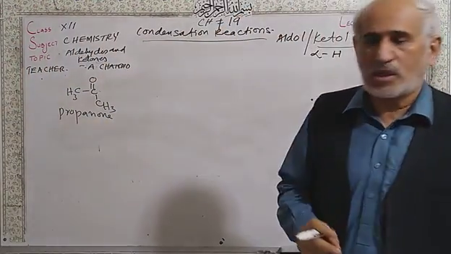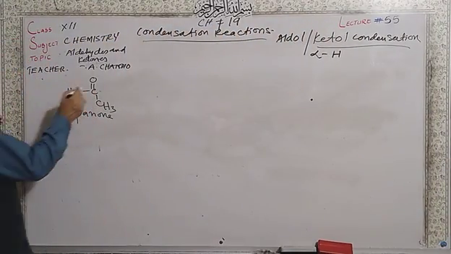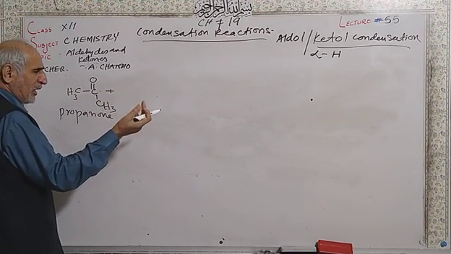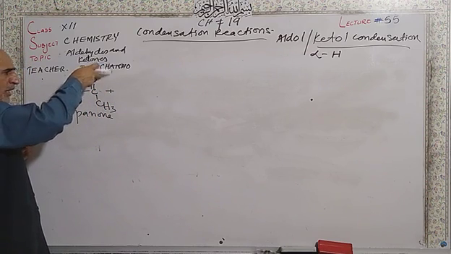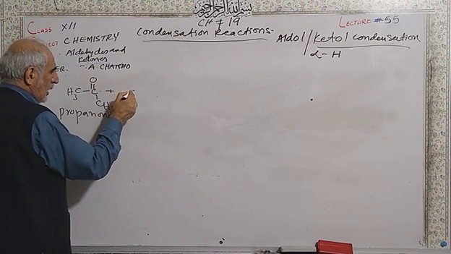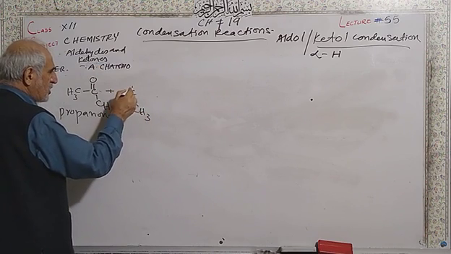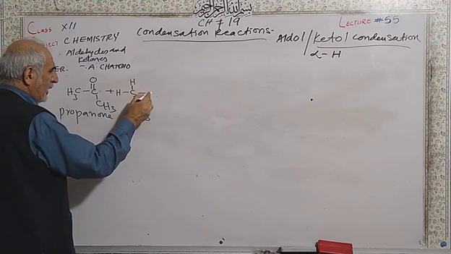The carbon attached next is called the alpha carbon. This is alpha carbon. This is also alpha carbon. Dear students, this is my way of writing. Don't mistake it, because only the alpha carbon is utilized here. So I am writing like this. You must write in this way so that you do not make the mistake.